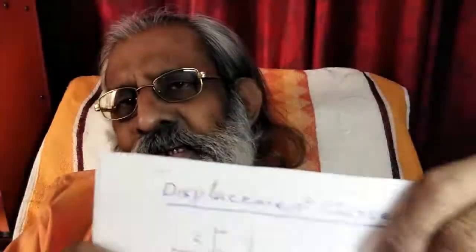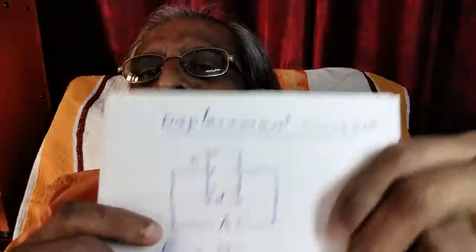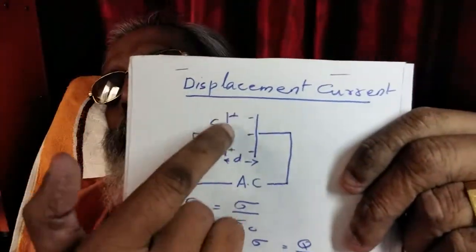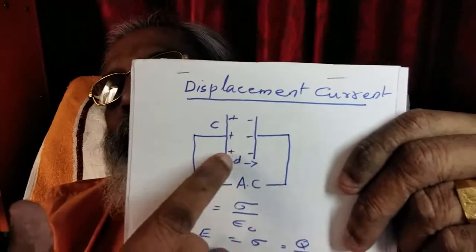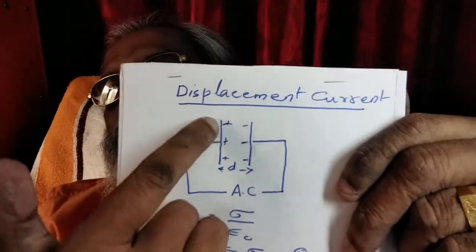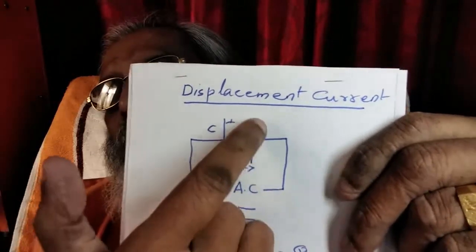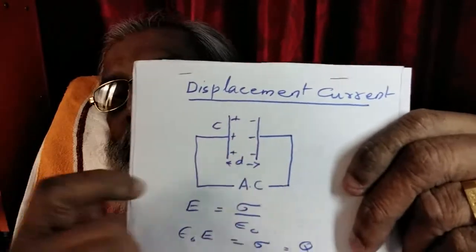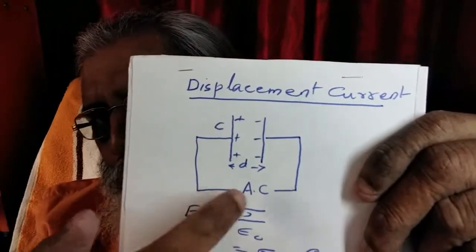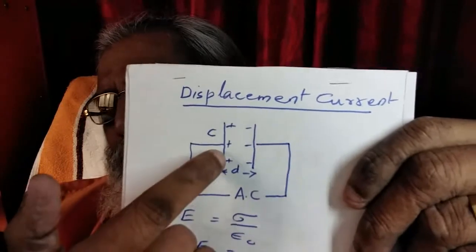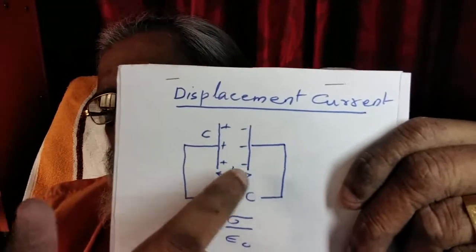Now, what is actually happening here? When you apply a steady voltage, one plate becomes positive all the time and the other plate negative all the time. But when you apply an AC, the polarity of the plates goes on changing.